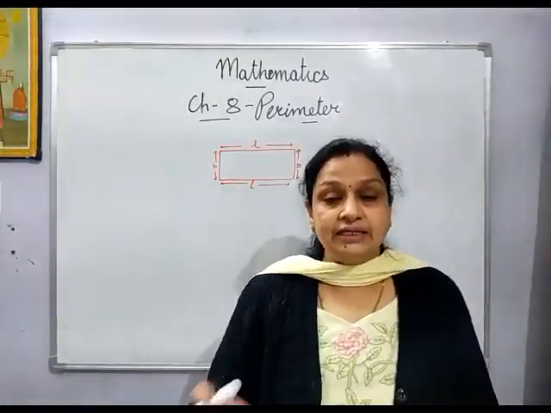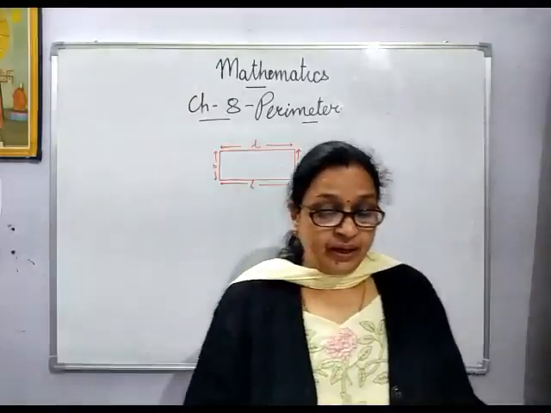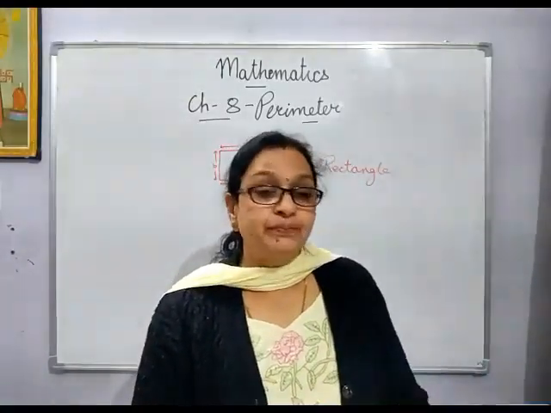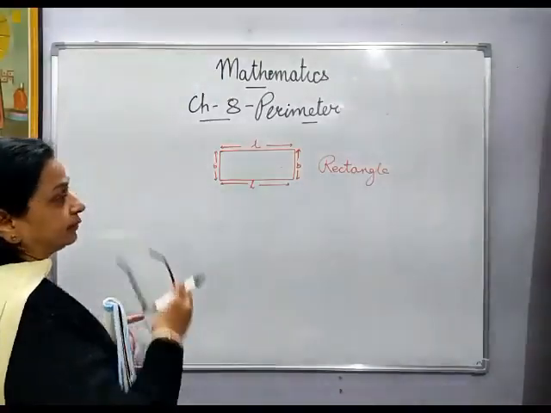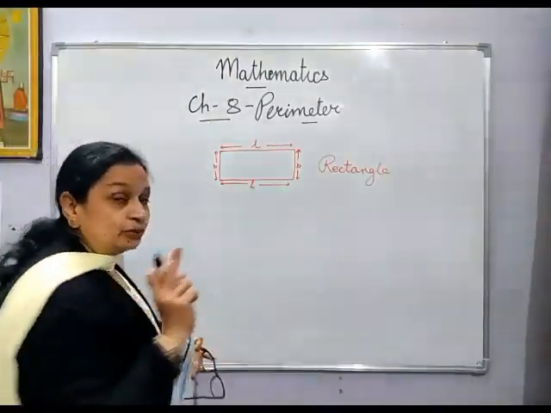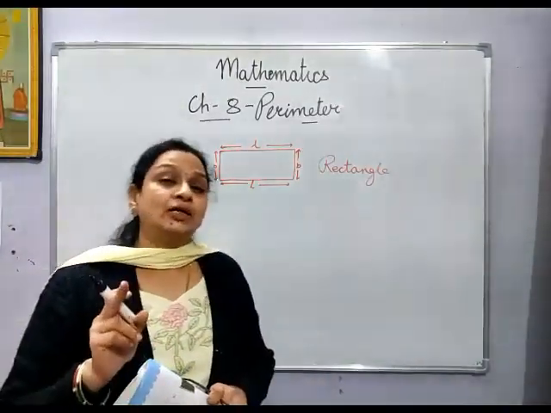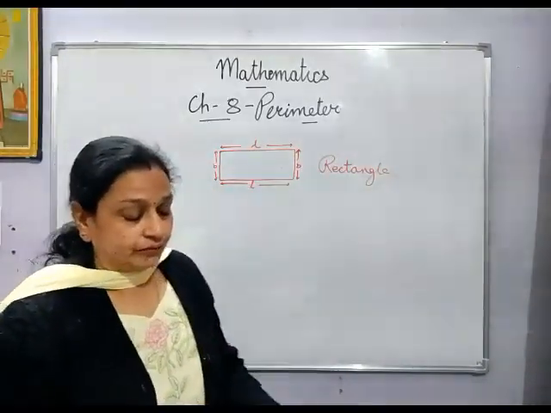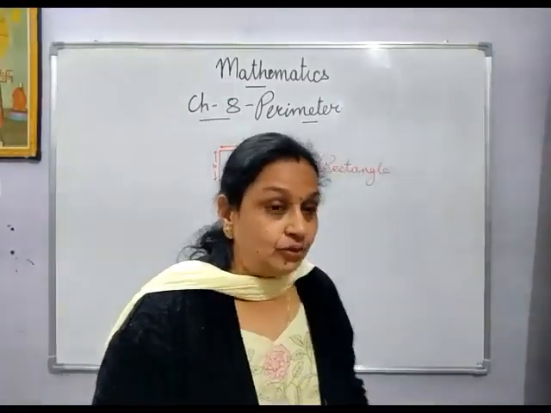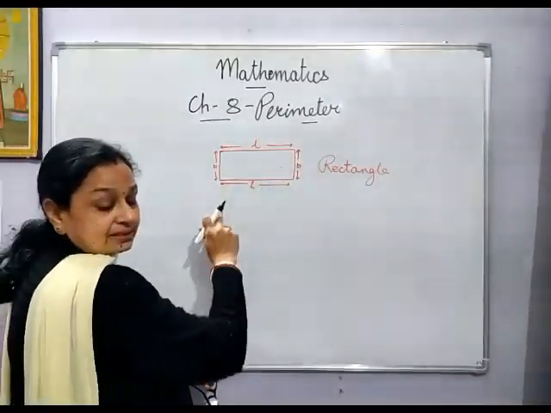First of all, I'll explain how you take out the formula. This is very simple to understand. Now see here, if you want to find out the perimeter of a rectangle, and you know that a rectangle is a closed figure whose opposite sides are equal, you have to measure this length.